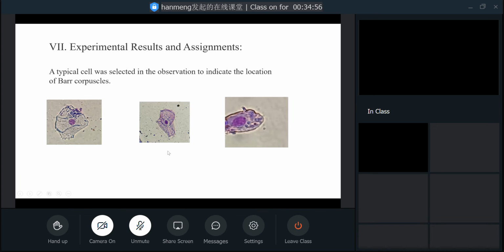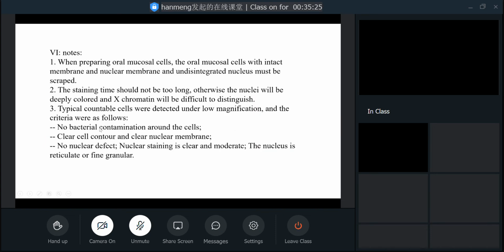So if you carefully observe this picture, in the first picture there are several points with deep dye, but only one is the Barr body, because the others may be some other materials, or maybe some bacterial contamination around the cell.